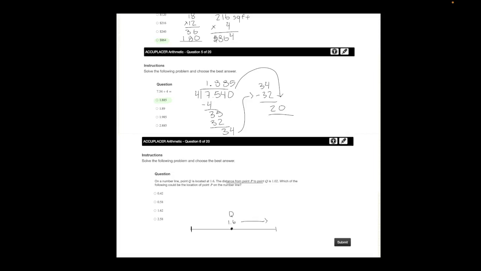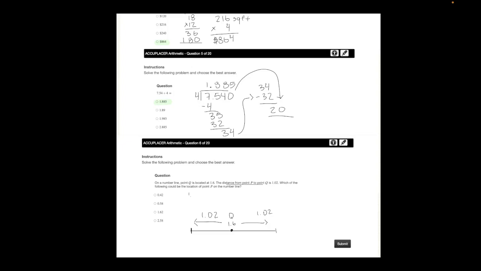We can go 1.02 that way, or we can go 1.02 that way. Okay, so by doing this, we can do 1.6 minus 1.02, which is going to give us 0.58, or we could do 1.6 plus 1.02, which is going to give us 2.62.